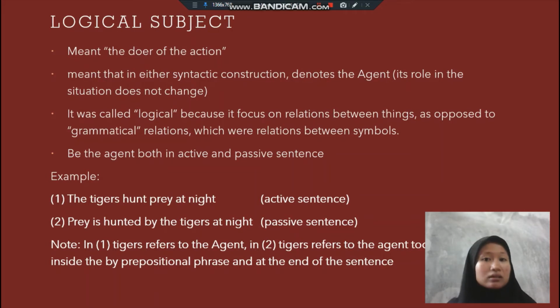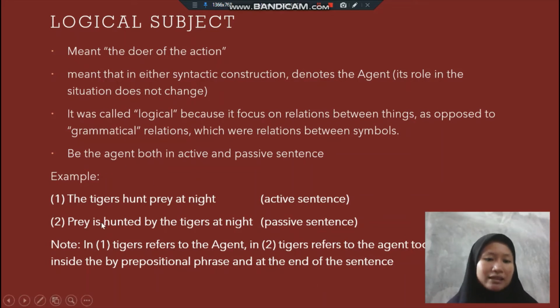It was called logical because it focuses on relations between things as opposed to grammatical relations, which were relations between the symbols or the structure of a sentence. So the criterion of logical subject is it always is the agent or the doer in both active and passive sentences.